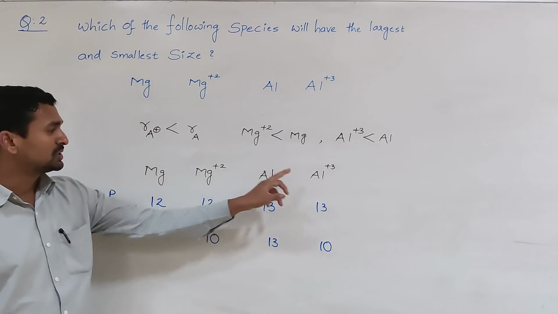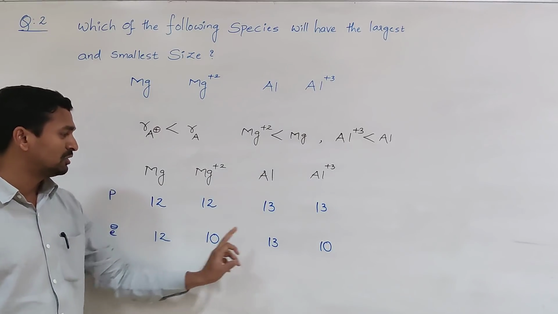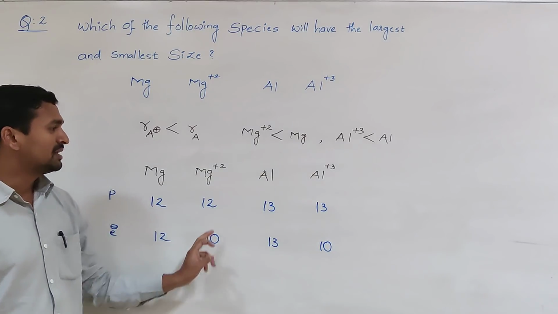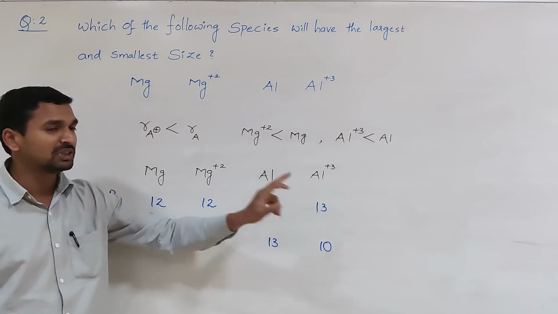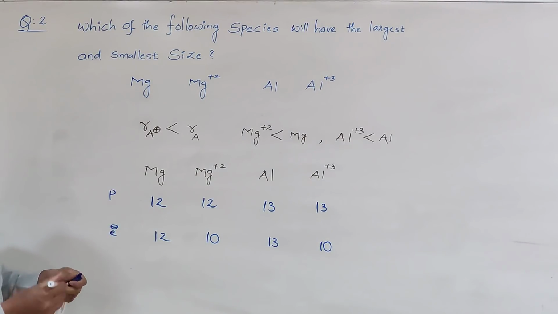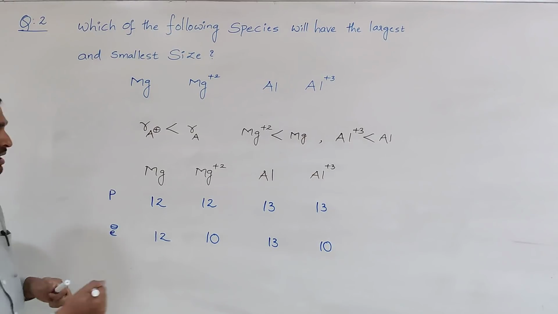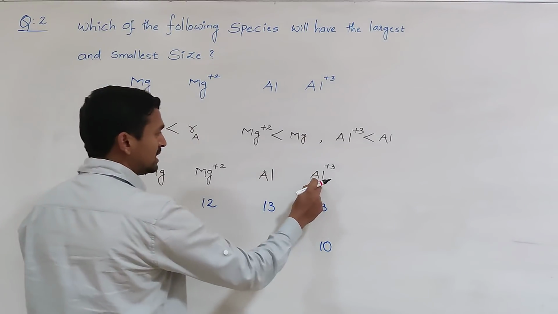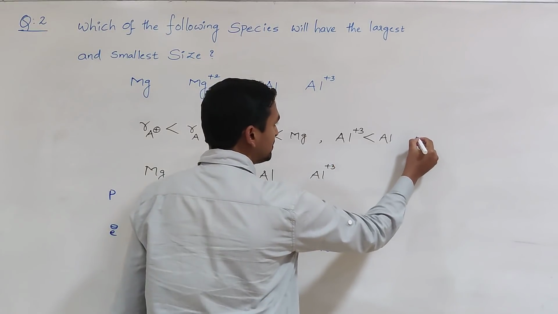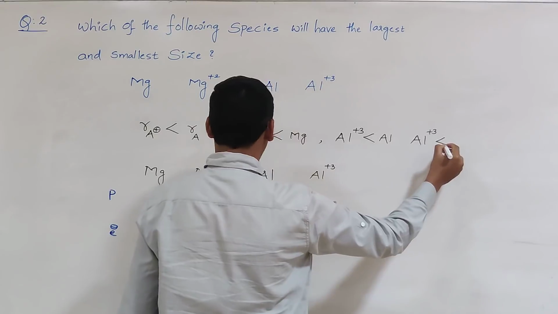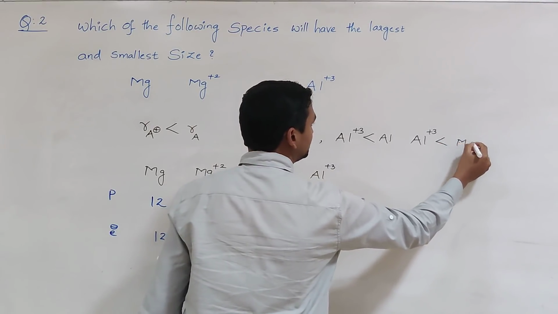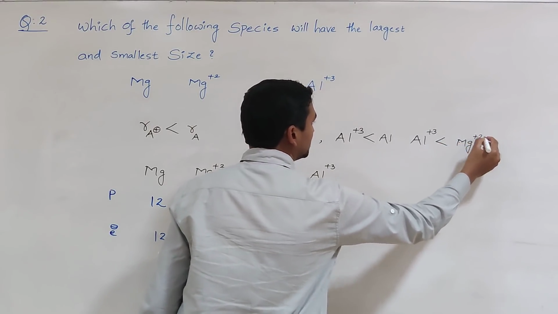When magnesium plus 2 and aluminium plus 3 are isoelectronic, whichever has the maximum positive charge is said to be smaller in size. We need to give one more conclusion from this: it has the higher positive charge, so Al plus 3 is less than Mg plus 2, because of the more positive charge.